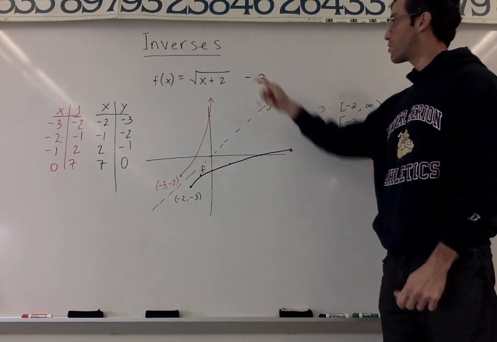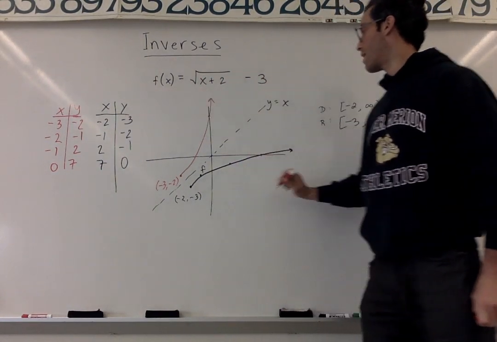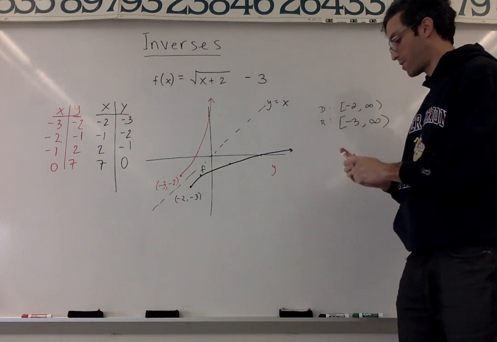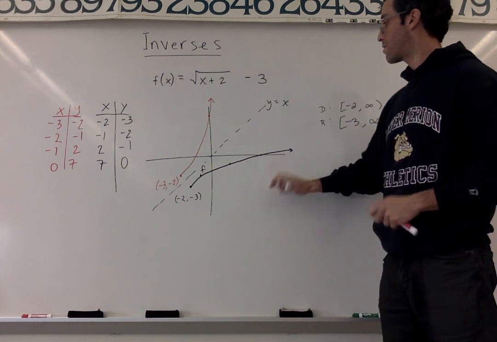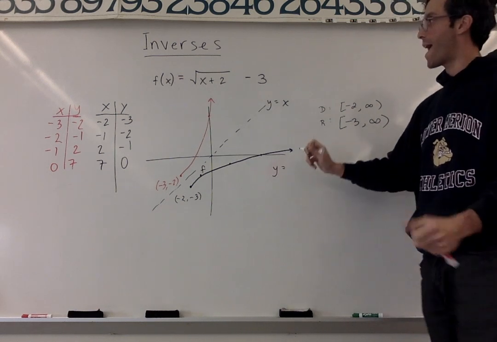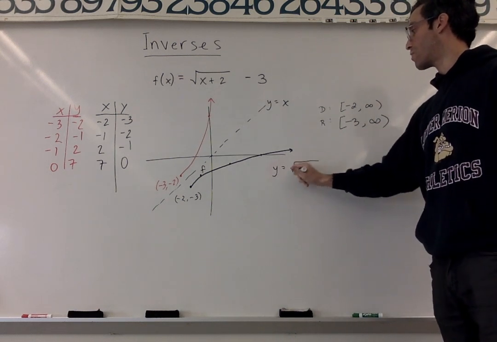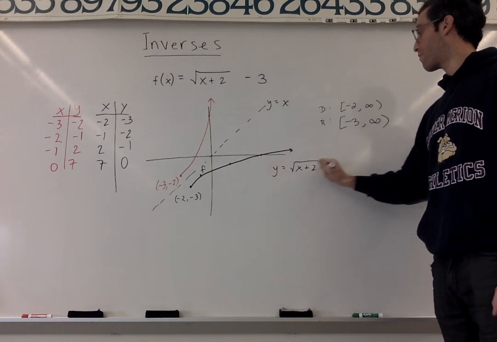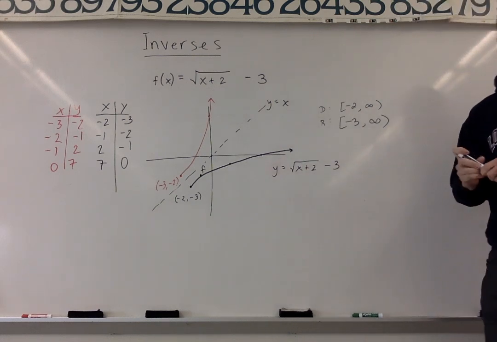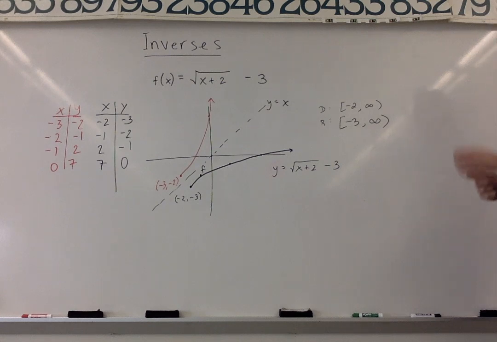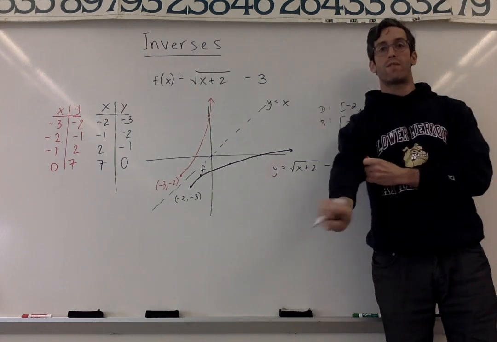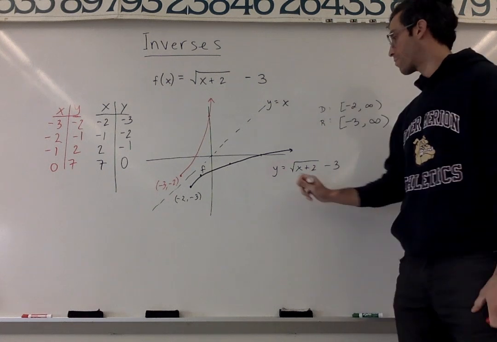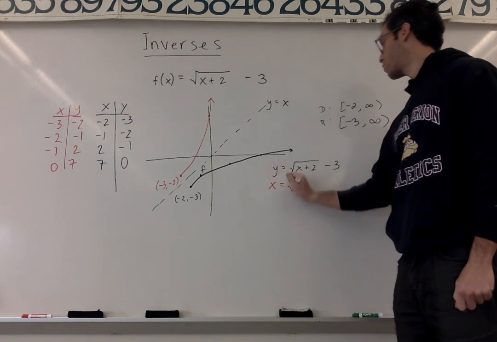So we have the original function, which this is really y. Y equals, I should write this in black so it's not confusing. So this is how to find the equation of the inverse just by hand using algebra, not using a graph. It's easier in some ways, trickier in others. Now the first step, if you're finding the equation of an inverse algebraically, would be to switch x and y.